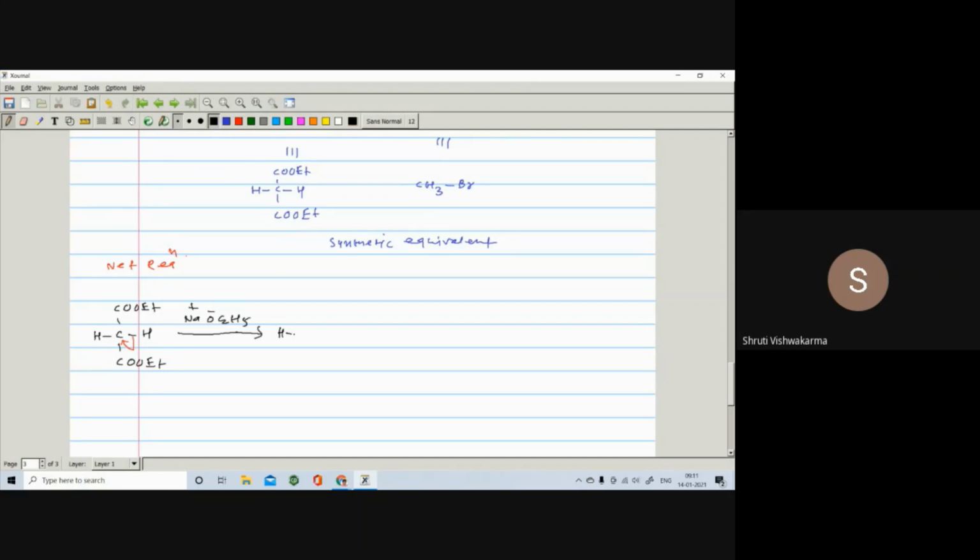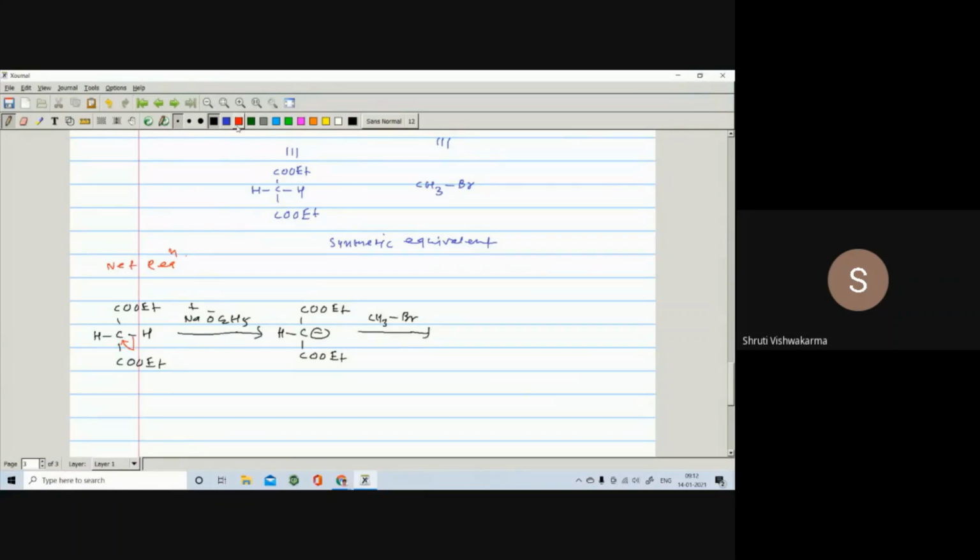So we can get here C negative, with COOEt and also COOEt. The carbanion formed further reacts with alkyl halide, that is the alkylation.